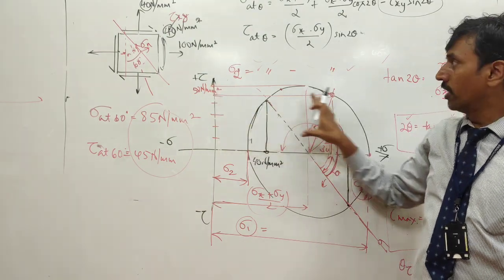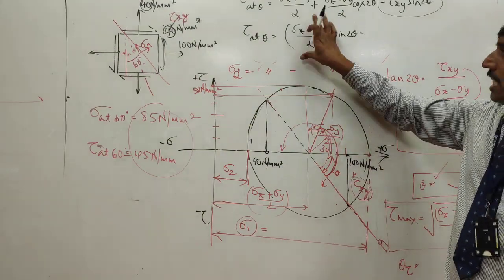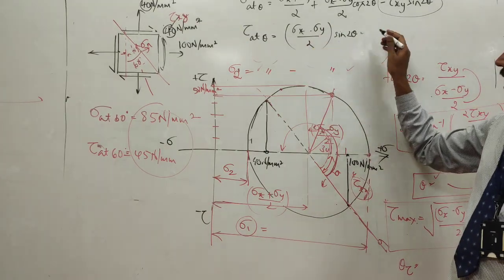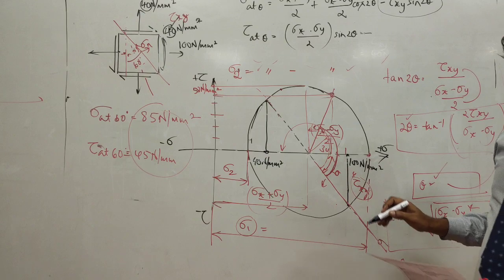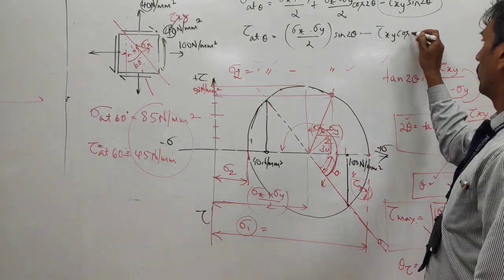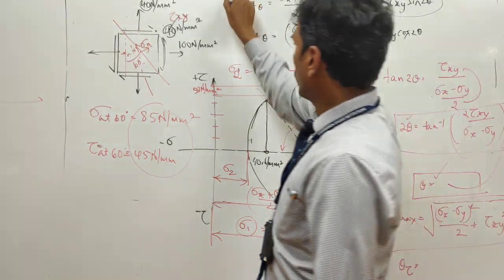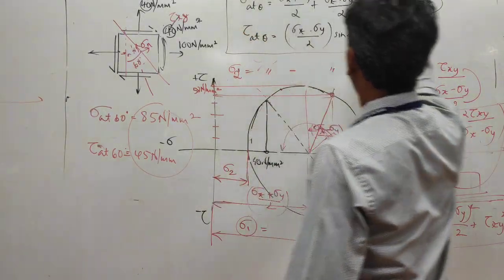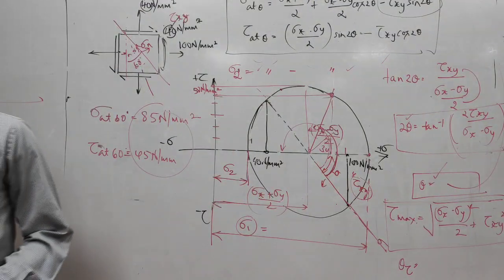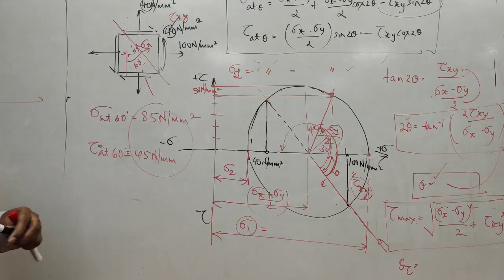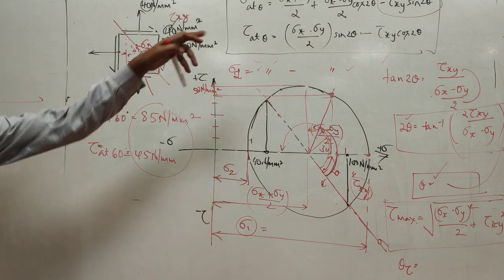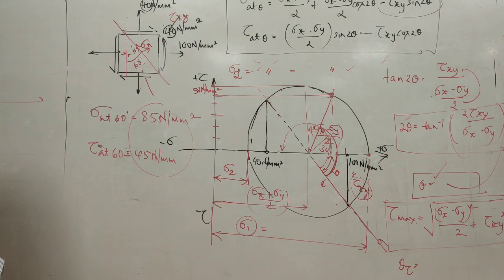This was the radius; the radius times the sine component was this, and then minus tau xy cos 2 theta. So using these two equations, you can get this. Either you can do this with the Mohr circle or you can do this with equations.